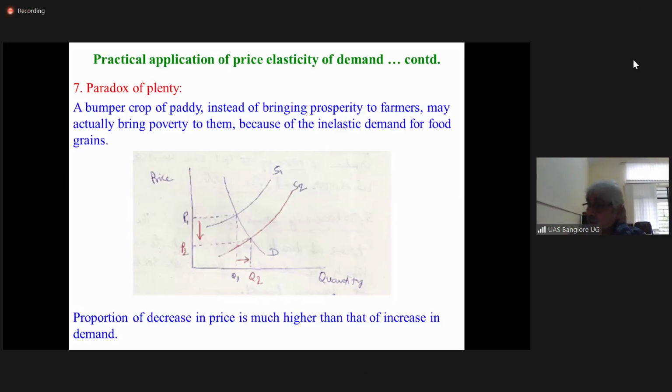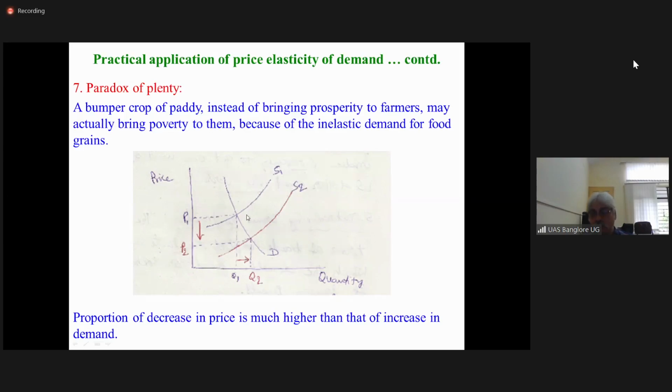Okay, so when the farmers produce more, in the market price crashes. If all the farmers produce more, they bring it to the market because agriculture is season bound. All the farmers bring the produce to the market at the same time. Suddenly the supply in the market increases, price crashes. Then what happens? See here, this is the supply curve.